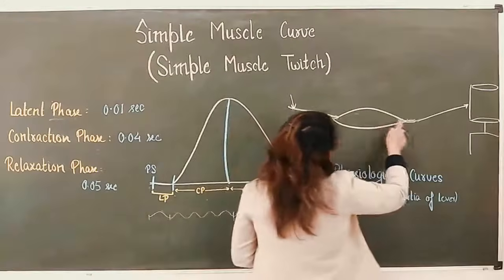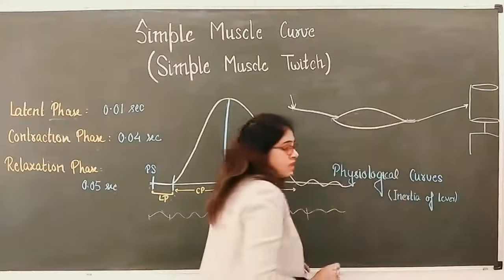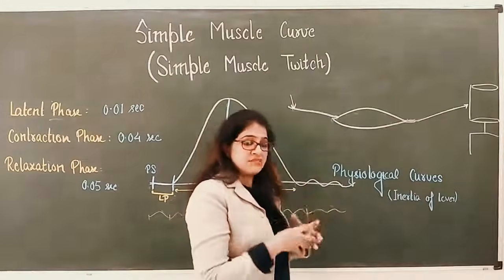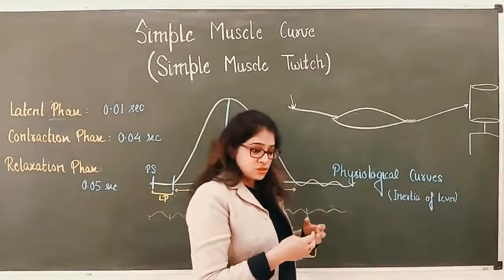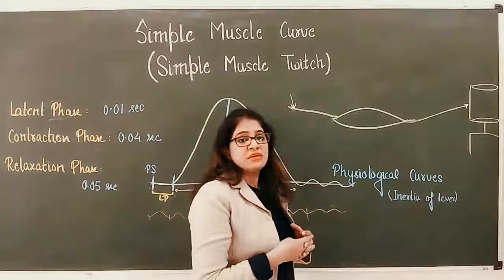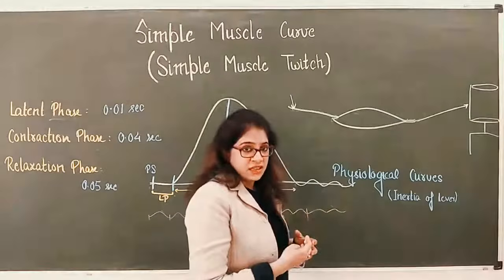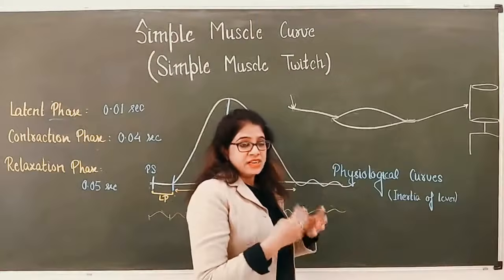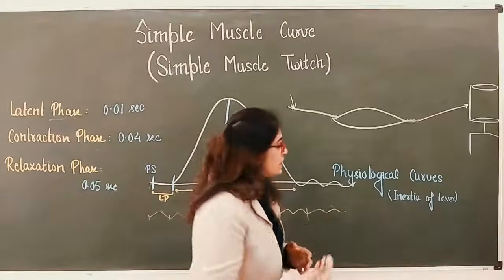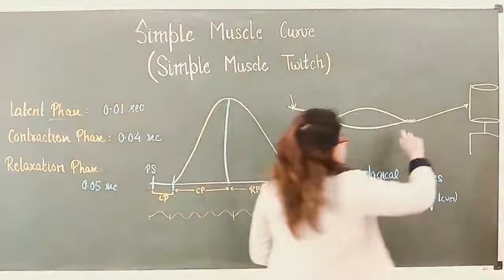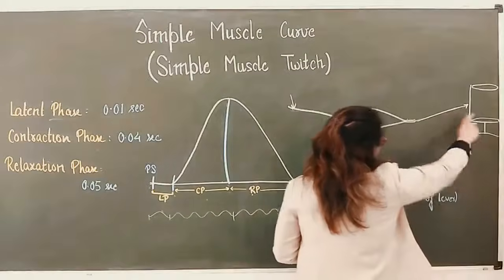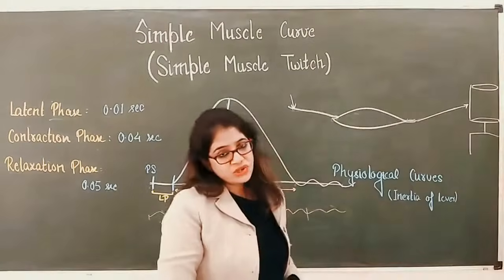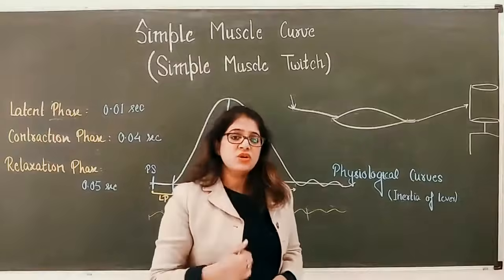And then time taken in the muscle, because there is some viscosity in the muscles also. So actin and myosin fibers will feel kind of resistance in that, and also excitation contraction coupling of the actin myosin will take some time. So that time is there, and inertia of the lever, inertia of the mechanical instrument is also taking some time. So these are all causes of latent phase.